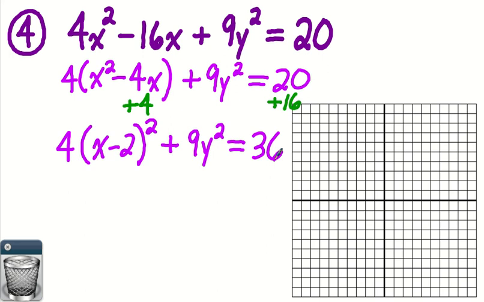Okay. Now I'm still not good because this isn't allowed to say 36. It's really just supposed to say 1. Well, now it comes the time to divide both sides by 36.